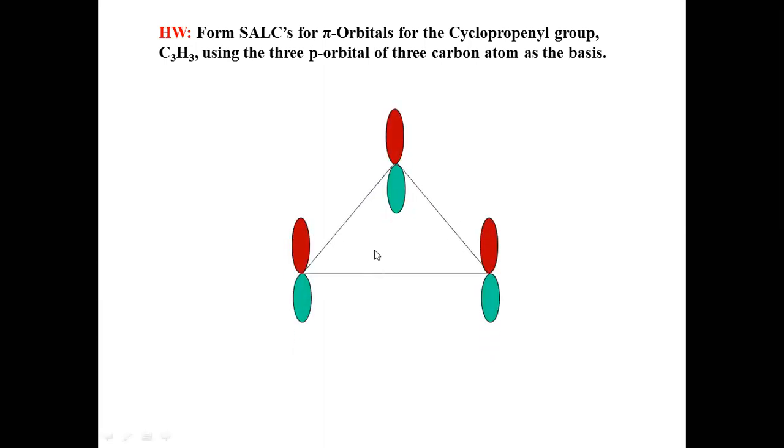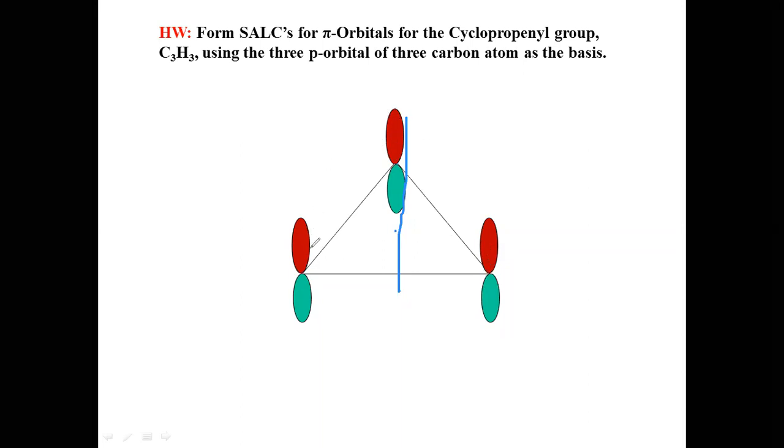This is the cyclopropenyl group, and you have this 3p. Now you have to think that the Z axis is going through the center, like this. So that is along Z. Therefore, the pi orbitals are going to be formed by the pz orbitals. So these are all pz, 3 pz, right?